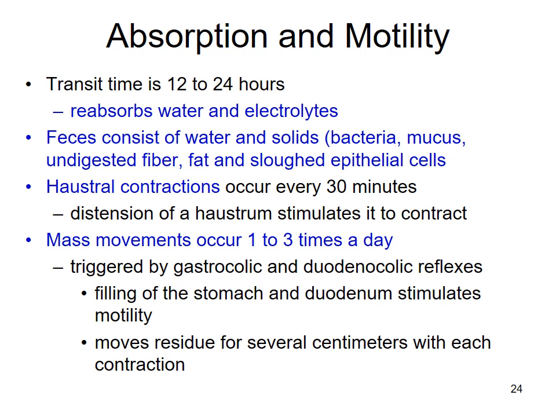Your mass movement is triggered by gastro and duodenocolic reflexes, so the stomach and your small intestines will signal to your large intestines that new food is coming down, and it's in essence time to clear out any fecal matter that might be stored in the rectum.